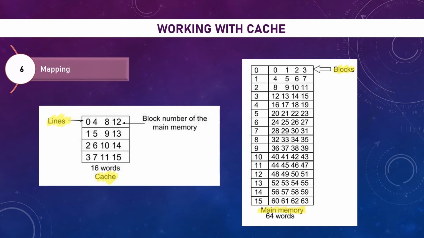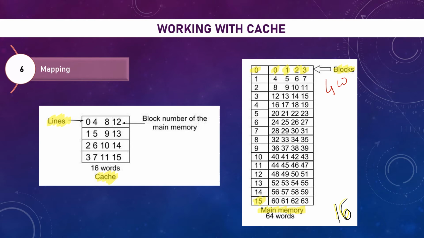As you can notice, 0 to 15 means total 16 blocks, and each block size is 4 words, so the size of one block is 4 words or 4 bytes.